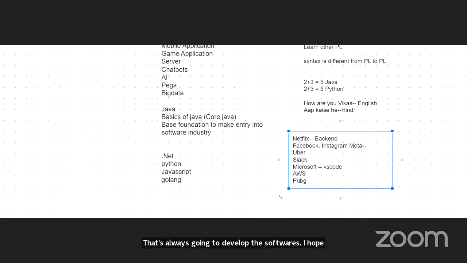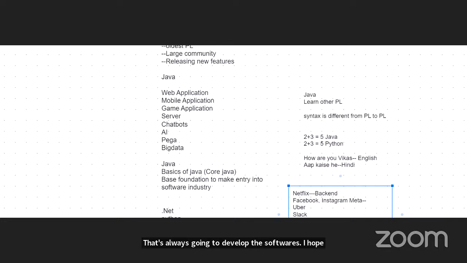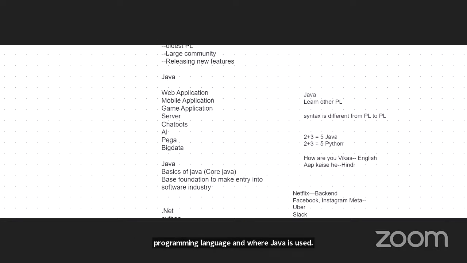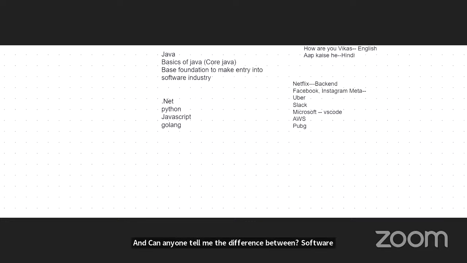I hope you got an idea why Java, the difference between other programming languages, and where Java is used. And can anyone tell me the difference between a software engineer and a software developer? Nice question, right?